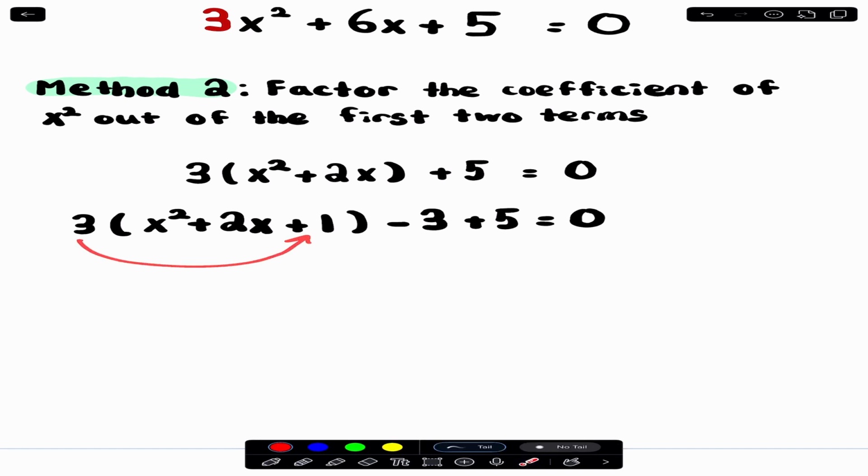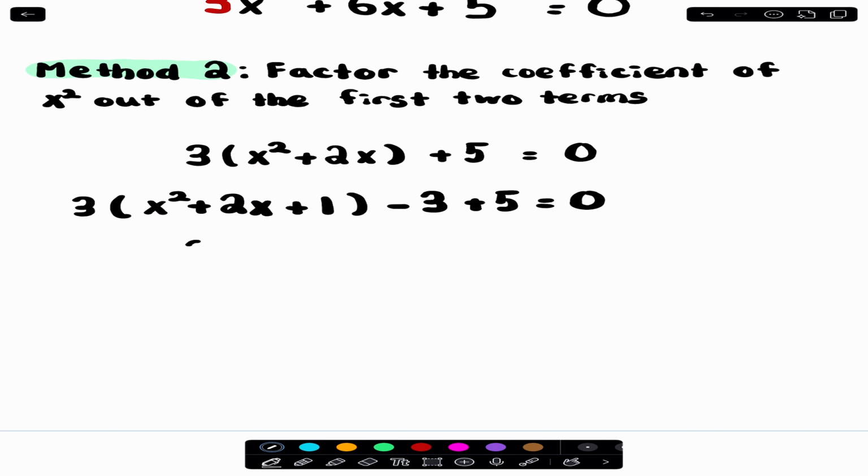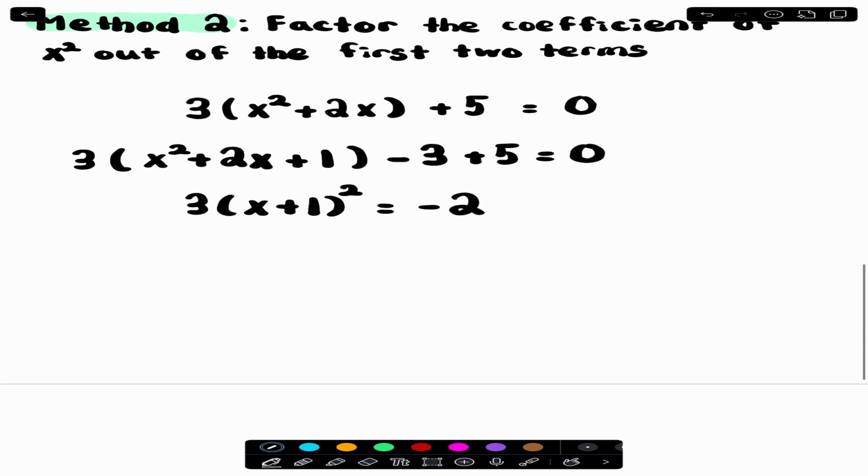When you open this up, you get a plus 3 term here, so you have to remember to get rid of it. So the good news is x squared plus 2x plus 1 can be written as x plus 1 squared. And when we move all our numbers to the other side, we get minus 2. And from here, I trust you can finish as usual.